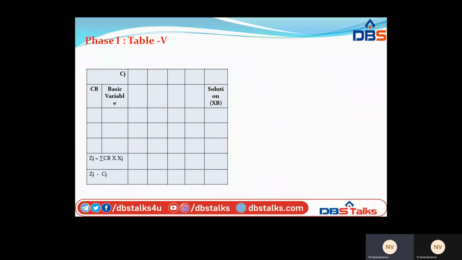So in the next table, same x, y, s1, s2, 4, 3, 0, 0. Here s2 was there, 4, 0. Then find this.